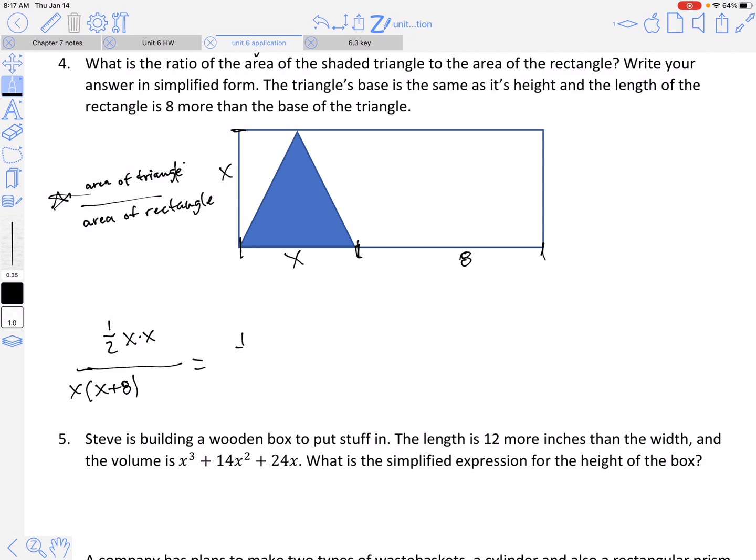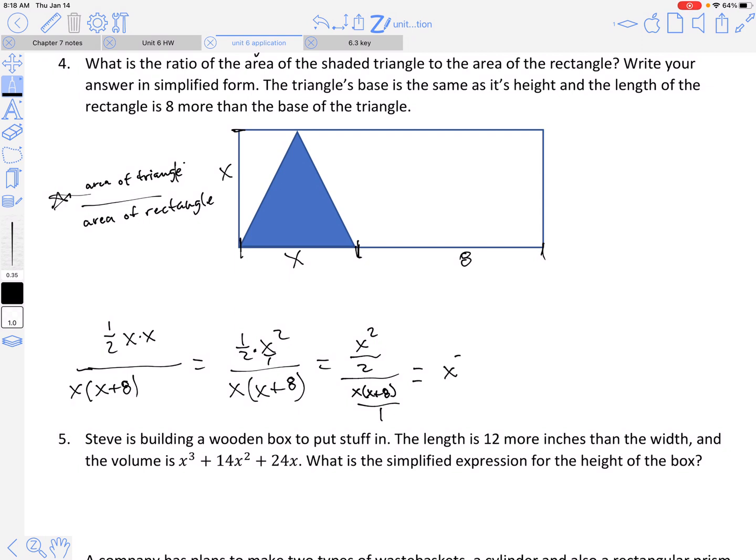All right, so we have 1/2 x squared over x times x plus 8. Okay, so I'm going to simplify this. So one thing that we can do, if we notice, is 1/2 times x squared. When we multiply straight across, so 1 times x squared is x squared, 2 times 1 is 2, and then it's divided by x times x plus 8 over 1.